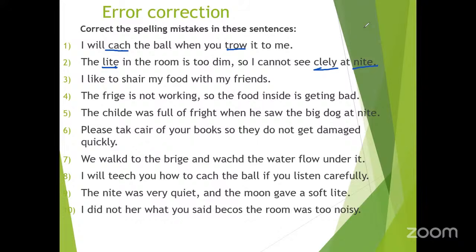Okay, I think we can do the corrections now.